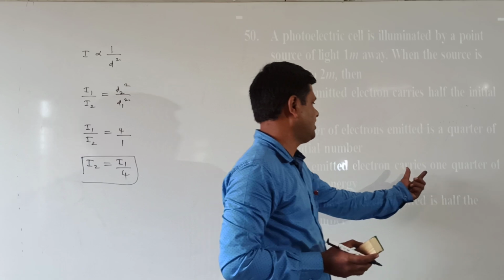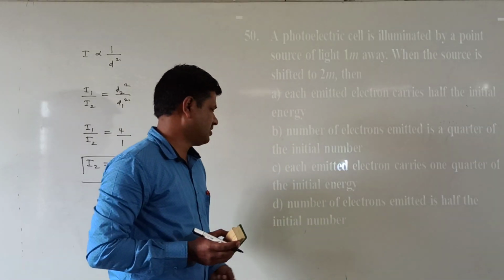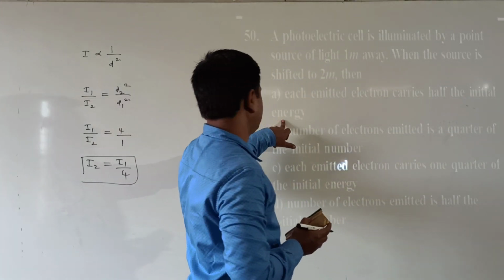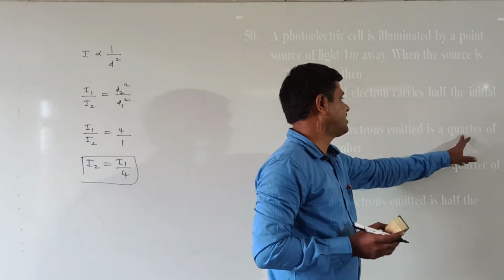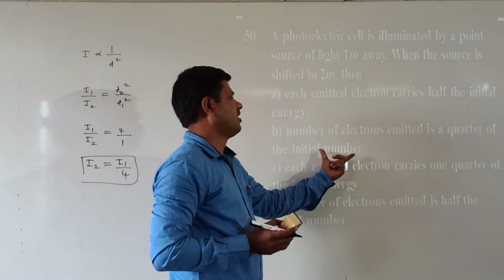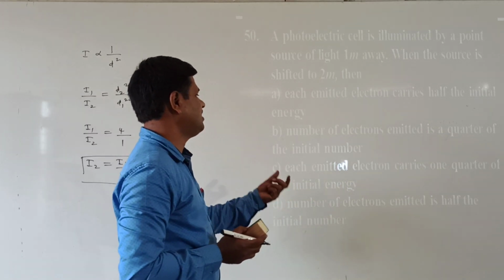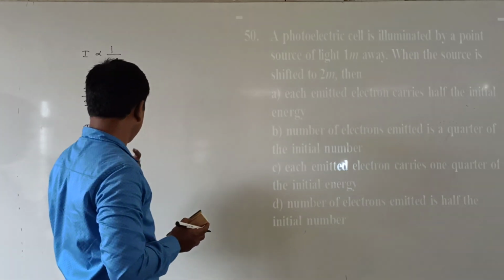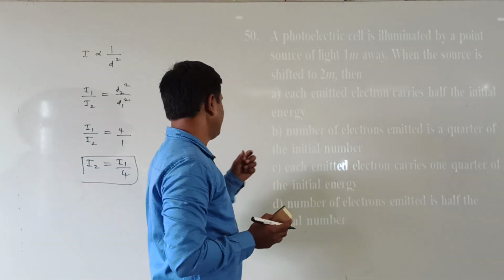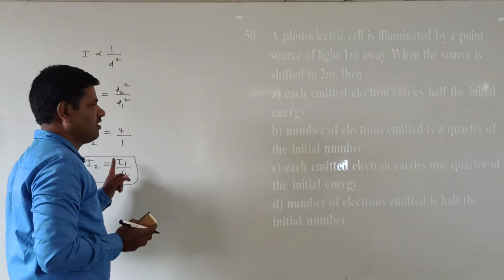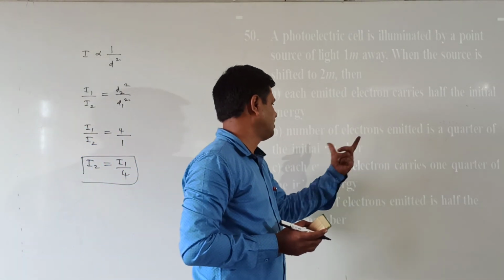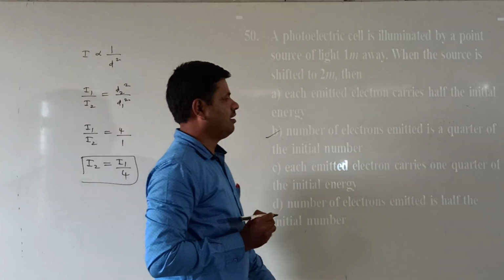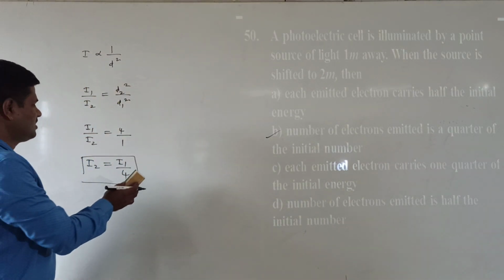Since intensity decreases to one fourth, the number of electrons emitted also decreases to one fourth. So the correct option is: the number of electrons emitted is a quarter of the initial number. This is question 50.